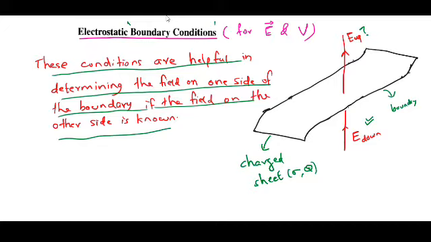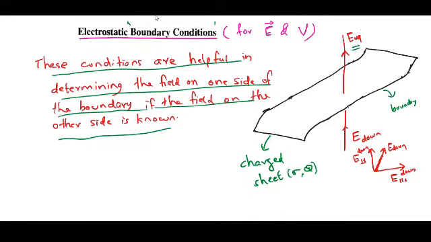If this is the E down, the electric field component tangential to the boundary is E parallel down, and the electric field perpendicular to the boundary is E perpendicular down.